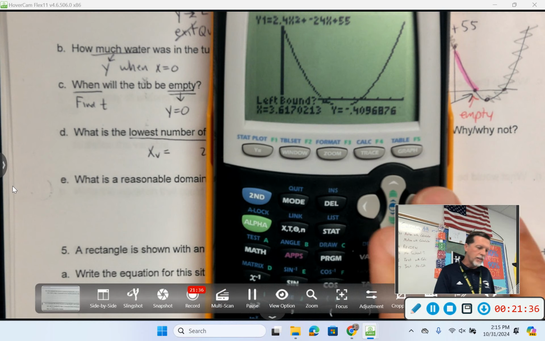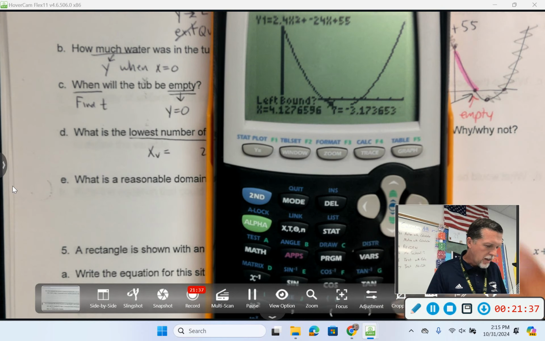Left bound, so get to the left of the vertex. Press enter. Right bound, get to the right of the vertex. And you don't know exactly where the vertex is, so just make sure your left bound and right bound are far enough away that you're away from the vertex. Does that make sense? You're going to mess it up if you pick a left and a right bound on the same side of the vertex. Guess, just hit enter again.